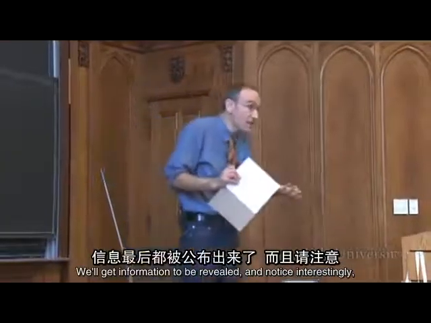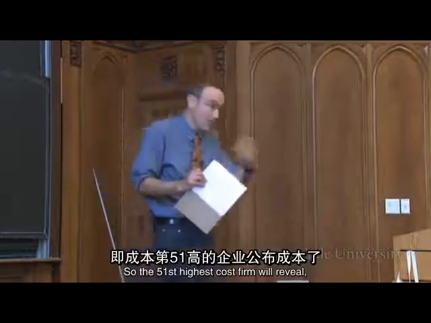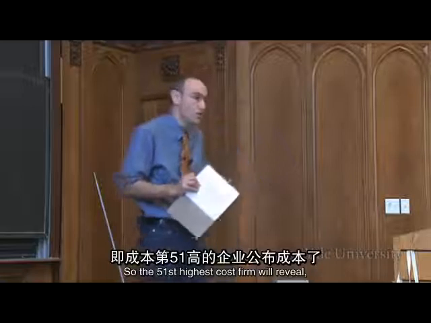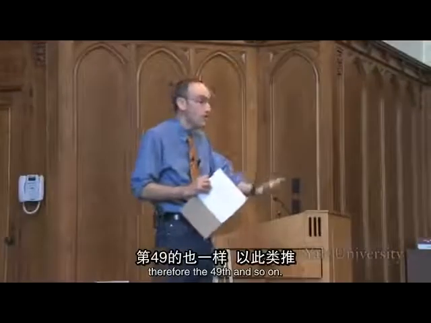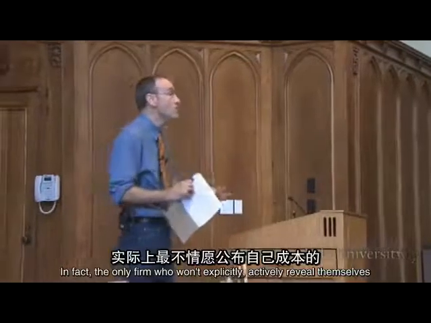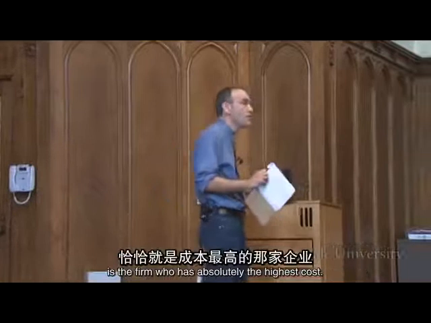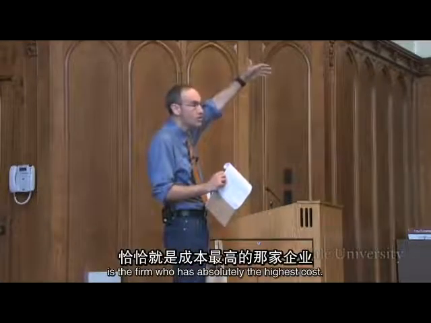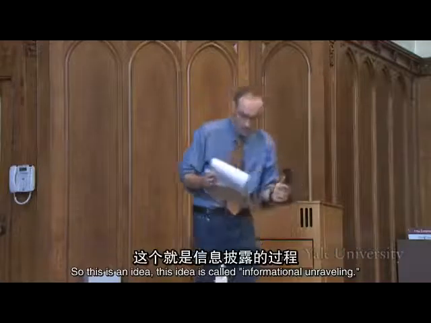And notice, interestingly, we'll get information to be revealed beyond the median. Right? So the 51st highest cost firm will reveal, therefore the 50th highest cost firm will reveal, therefore the 49th, and so on. In fact, the only firm who won't explicitly, actively reveal themselves is the firm who has absolutely the highest cost, and as Bethany points out, they're going to be revealed anyway. All right?